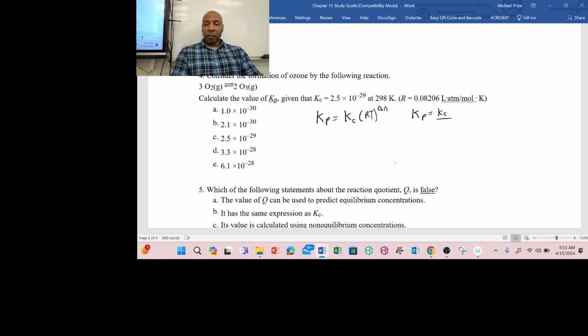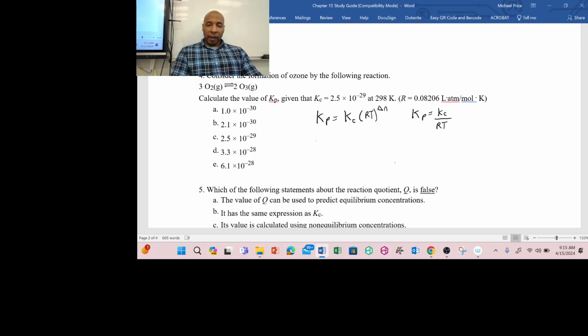So Kp is equal to Kc divided by RT. If it was to the negative 2 power, it would still be in the denominator, but squared. If it was to the negative 3 power, it'd still be in the denominator, but cubed.